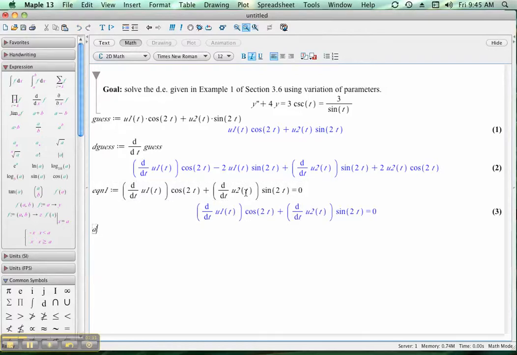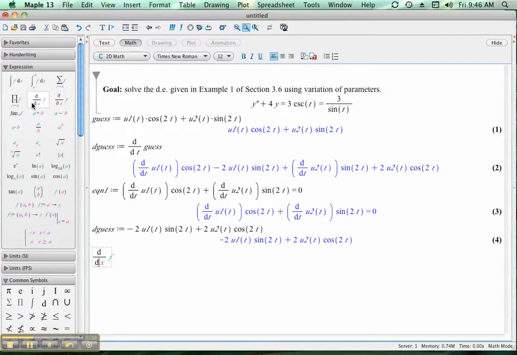Now when we do that, we're also going to say what dguess is equal to. So dguess is now going to look like just that term plus just that term. This is a simplifying assumption, but it'll make the rest of our life easier. Well, for the next couple of minutes anyway.